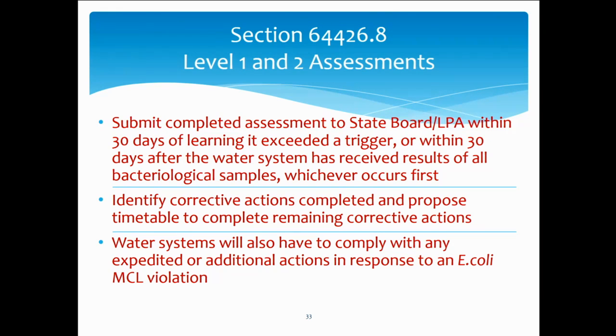And I just think I covered most of this slide. One other thing that's specifically called out in the federal rule, and that is also called out in our rule, is you can exceed a trigger and you can do your assessment and you cannot find what the issue was. It's acceptable to turn in an assessment to us saying, we did the assessment, this is what we looked at, and we did not find a deficiency that would have led to this trigger exceedance.